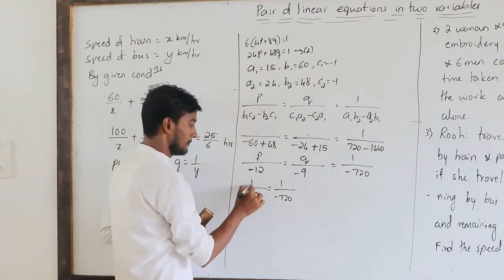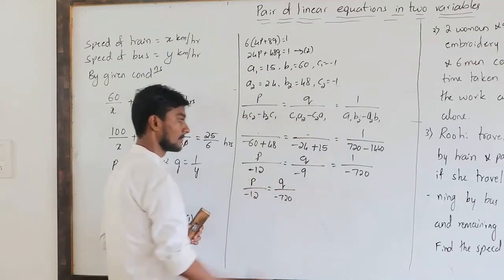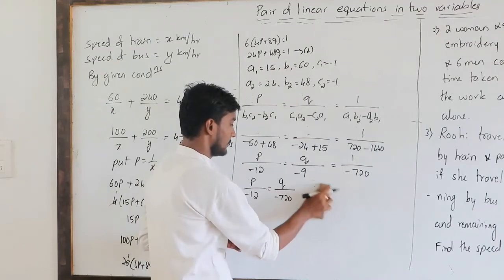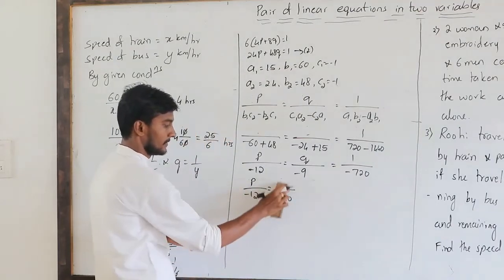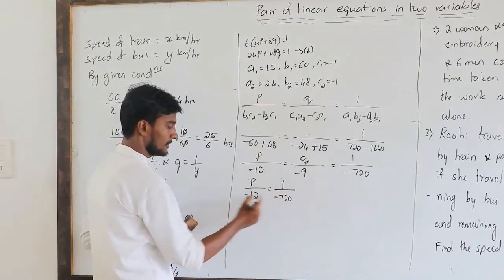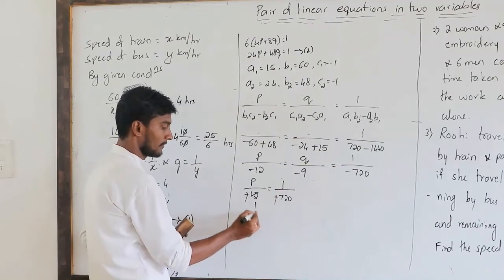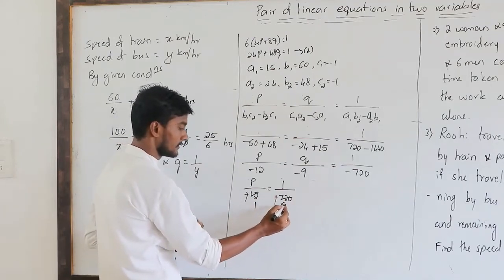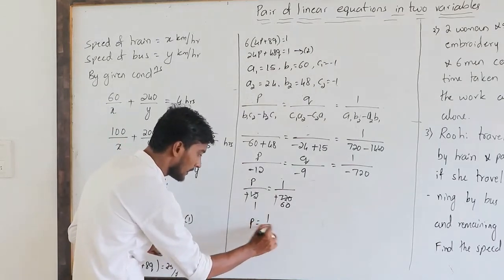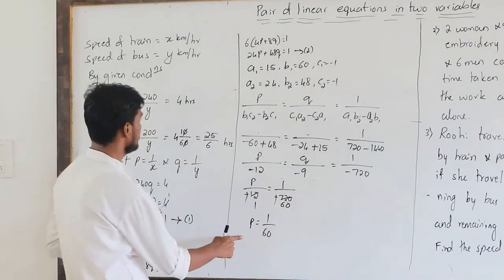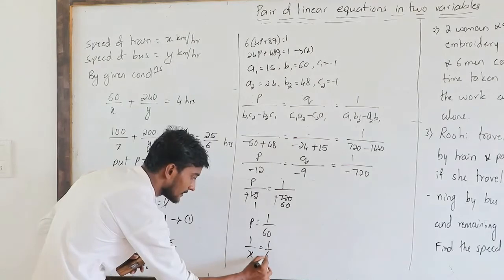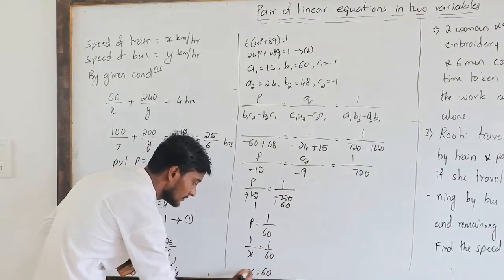So if you compare these two, both sides we are having minus, cancel them, 12 ones are 12, 6 12s are 60, so the value of p is 1 divided by 60. So p means we have considered 1 divided by x. 1 divided by x is equal to 1 divided by 60, therefore x is equal to 60.